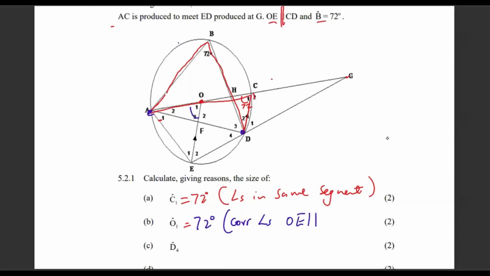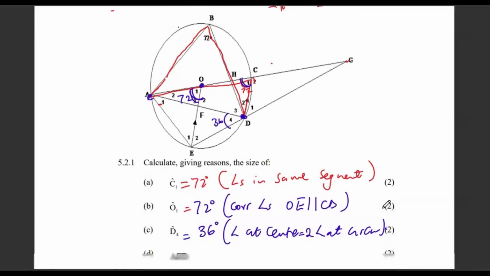OE is parallel to CD. So this angle and that angle, that's a 72. They want us to get D4. So this O1 is at the center, D4 is at the circumference. So this must be a half, which is going to be 36. Angle at the center is twice angle at the circumference.